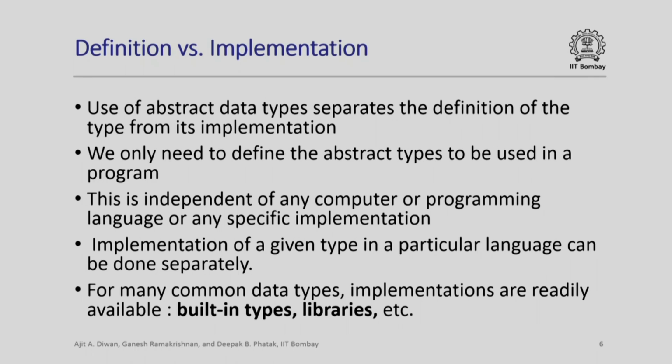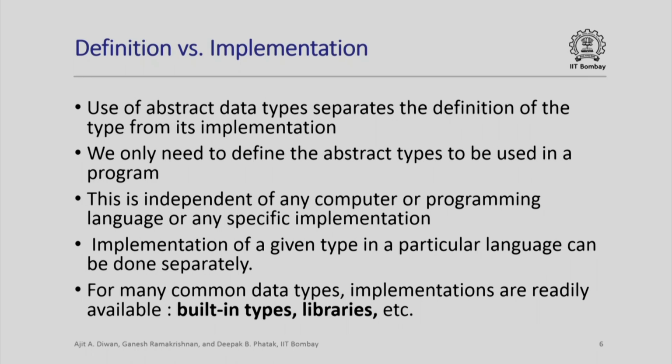The actual implementation of these types and their use can be done separately, and for many common data types we already have either built-in types available or libraries available which give you implementations of those types. So, if you know exactly what abstract types you need for solving your problem, then many times you will find that you already have implementations available for that type either as built-in types or in terms of some libraries, and you can directly use those without worrying about how that is implemented at all.